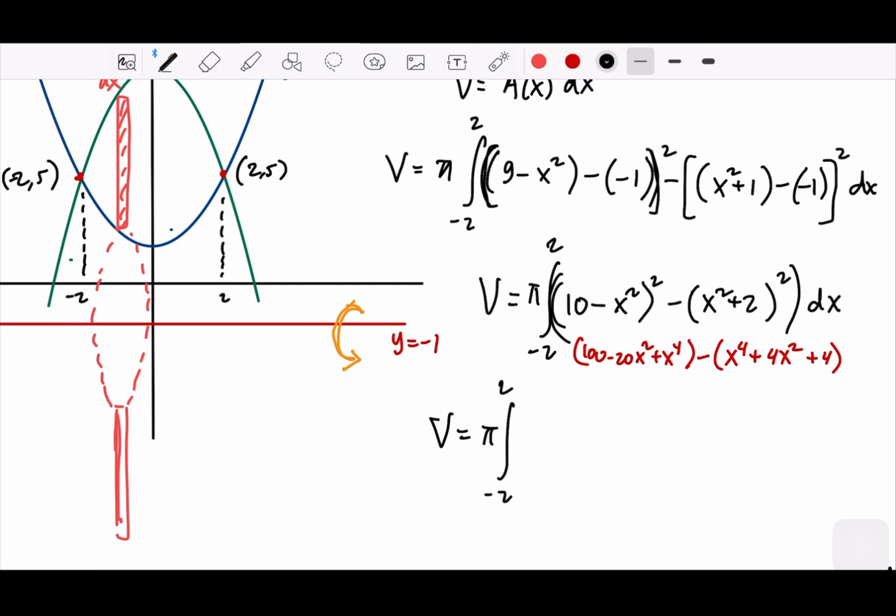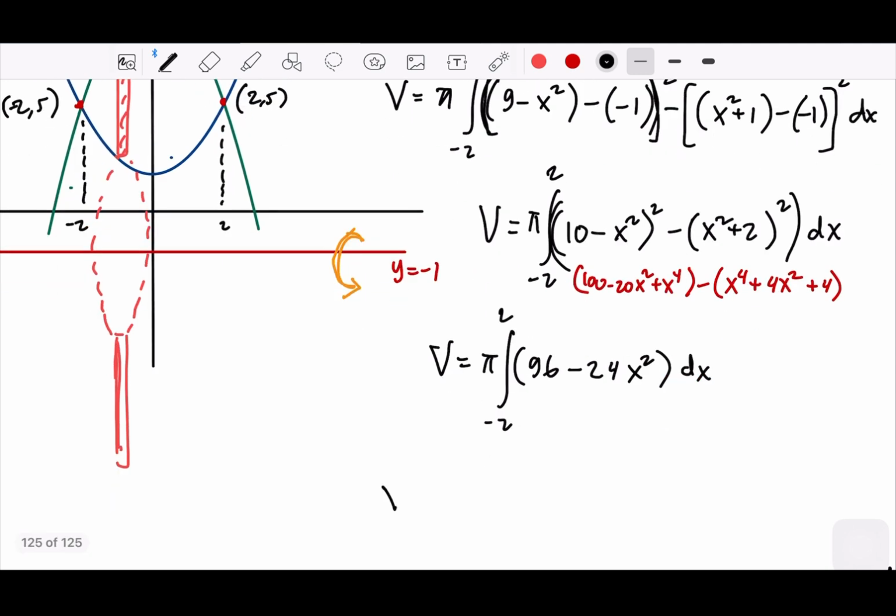So we are going to have 96 minus 24x squared, and then the x to the fourth terms cancel. And now we can integrate.